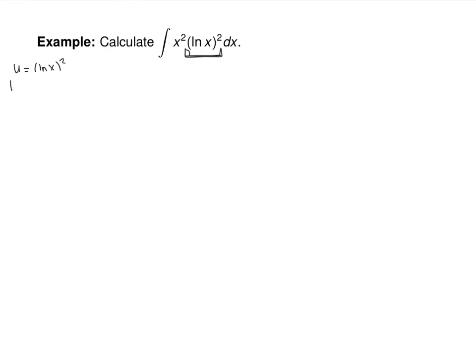And to take its derivative, you have to remember the chain rule from calculus 1, so it becomes 2 ln of x times 1 over x dx. So, okay, I took the derivative correctly, good job. dv will equal x squared dx, giving us that v is 1/3 x cubed.